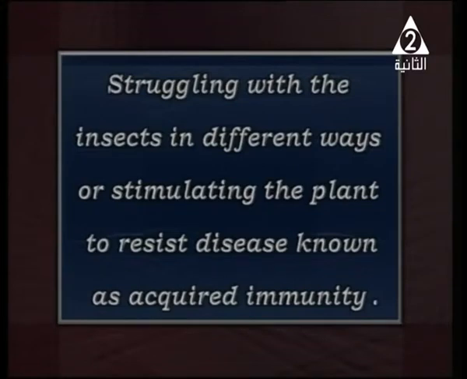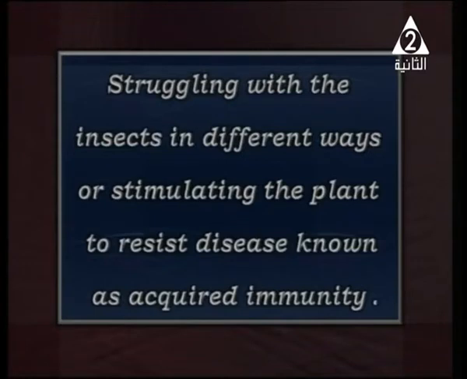Struggle here means to fight. Humans always need to fight the insects in different ways, or stimulate the plant to resist. Stimulate means to force the plant to resist the disease.